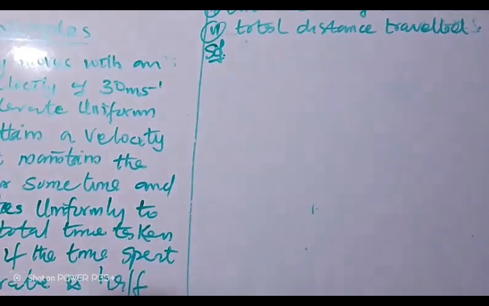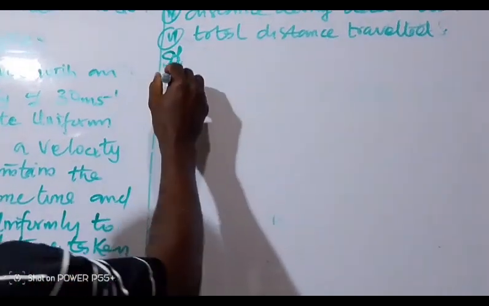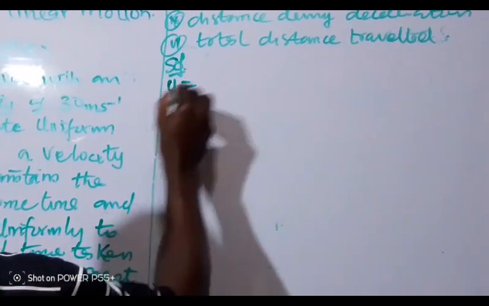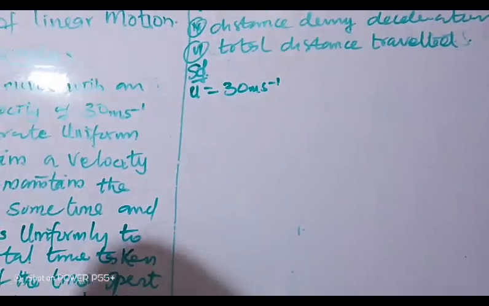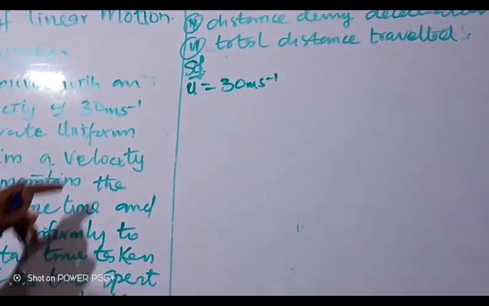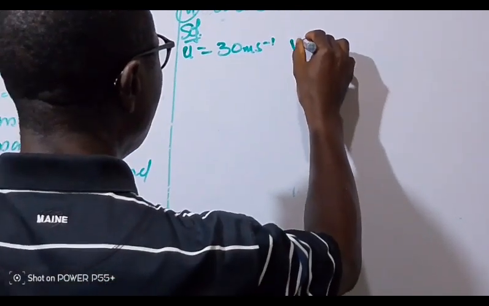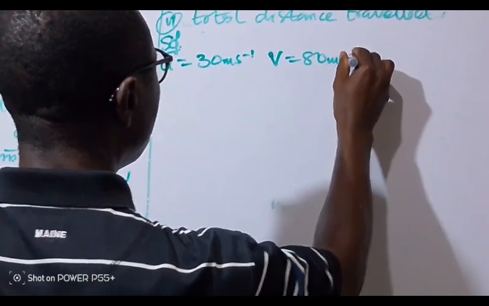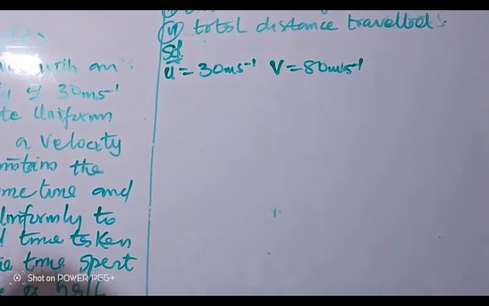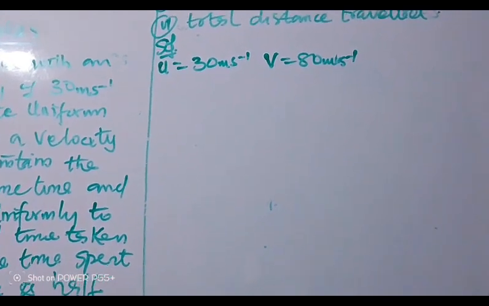Now, according to this question, the initial velocity u is given as 30 meters per second, it accelerates uniformly and attains a velocity of 80 meters per second. It maintains the speed, and we are given a total time taken.